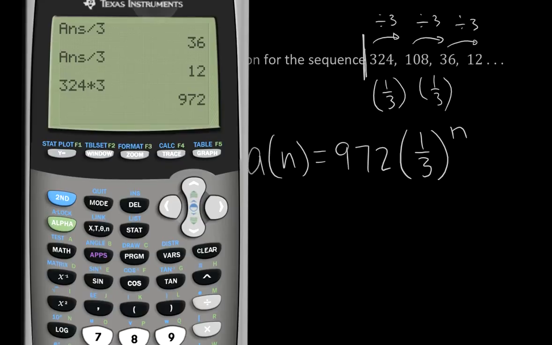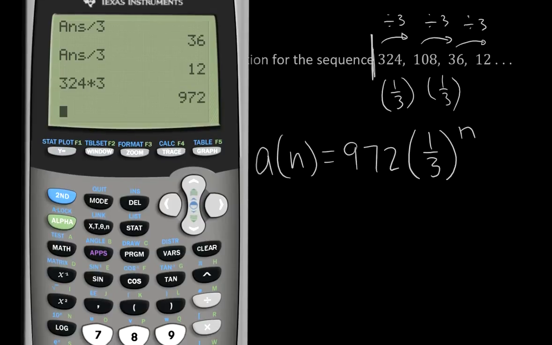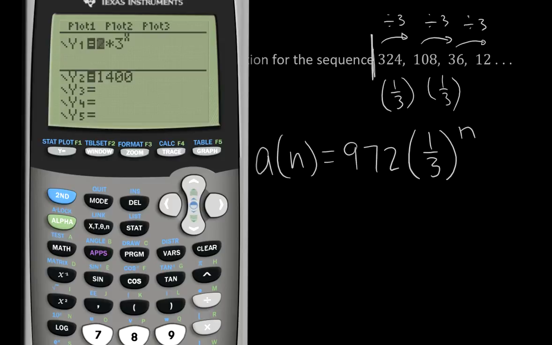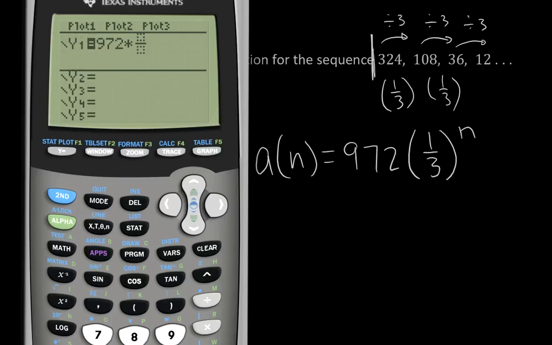Now I've shown you how to try each one of these individually. Another thing that I can do is look at the table function. So if I go into modify one of these equations, I'll just clear these two, and I'm just going to say, look, I'm going to take the 972 and then multiply that times 1/3.